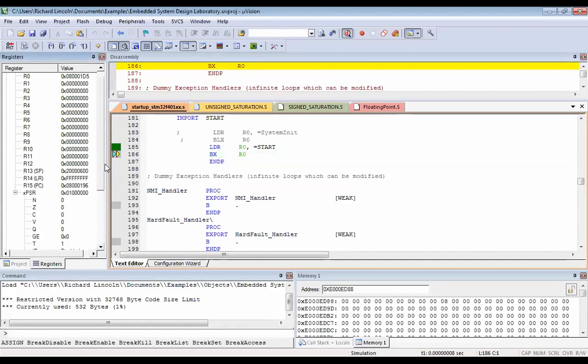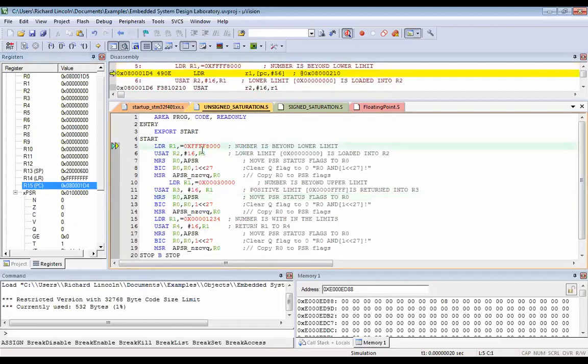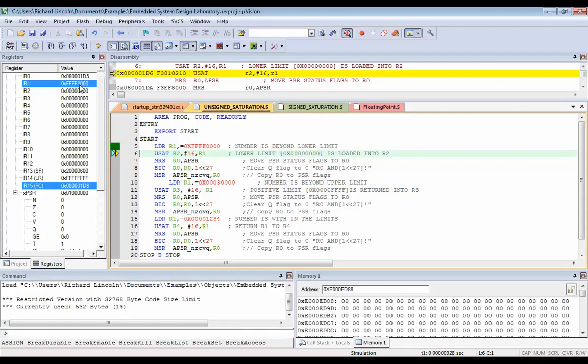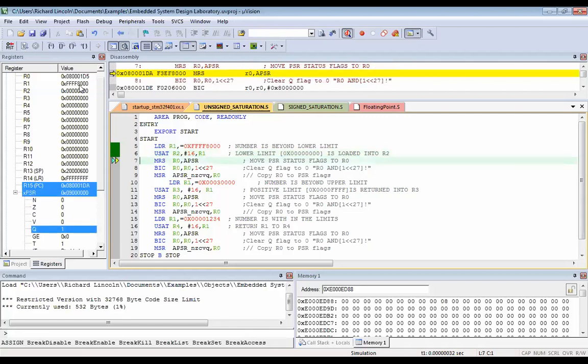Fine. So the value of R1 has to come and sit here. Then it's going to compare beyond the limit. Then what is going to happen? Q is going to be set. Okay, so since Q is set, what is going to happen?